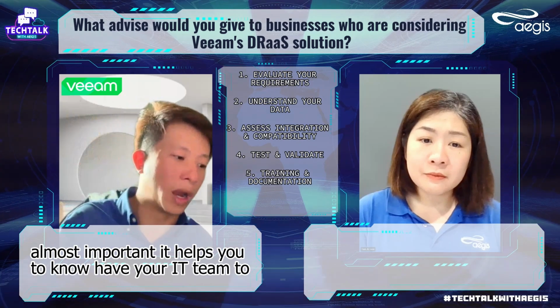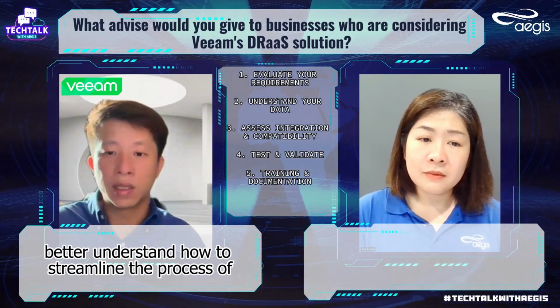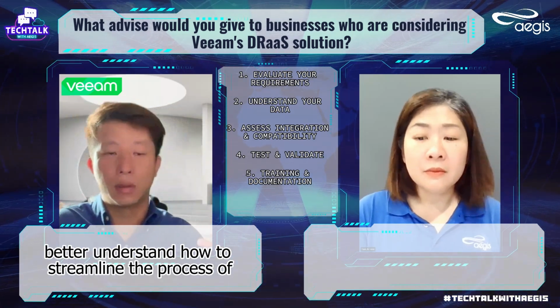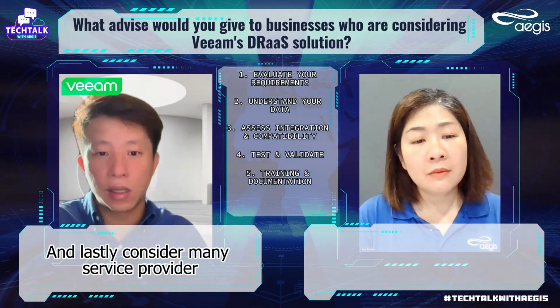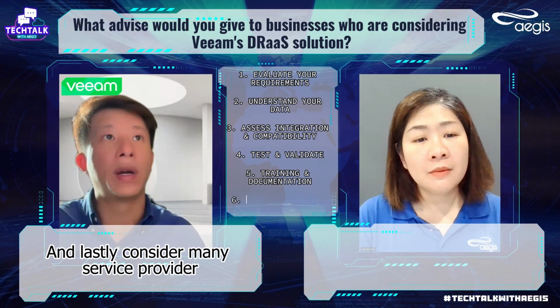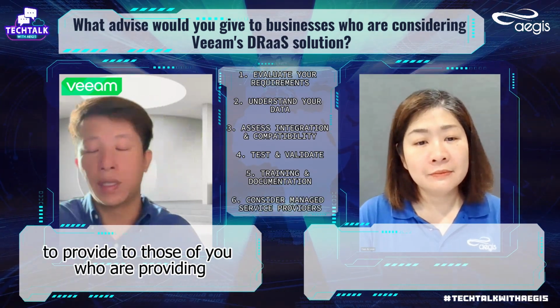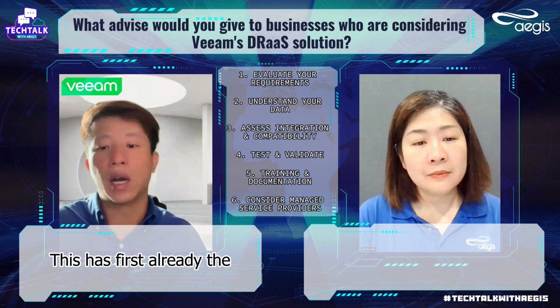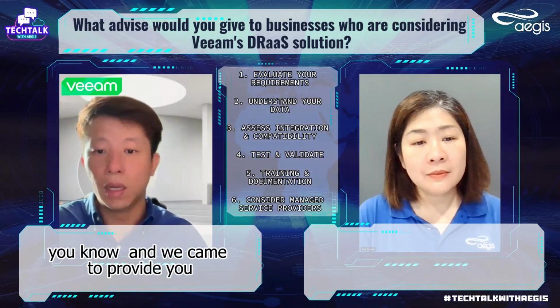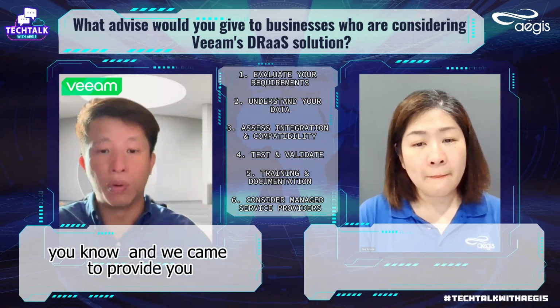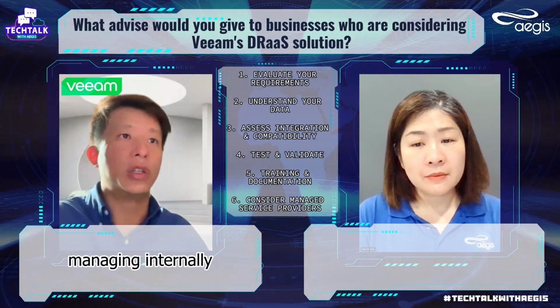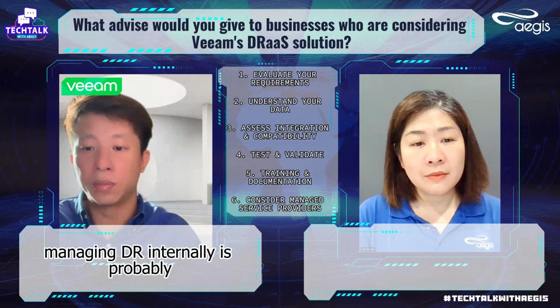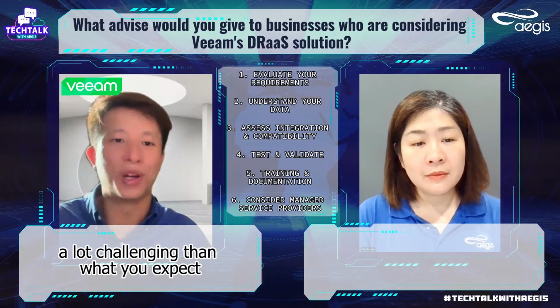It helps your IT team better understand how to streamline the process at a more granular and deeper level. And lastly, consider a managed service provider, the service provider who is providing DRaaS. These experts are really the team to provide you a comprehensive DR management, because managing DR internally is probably a lot more challenging than you expect.